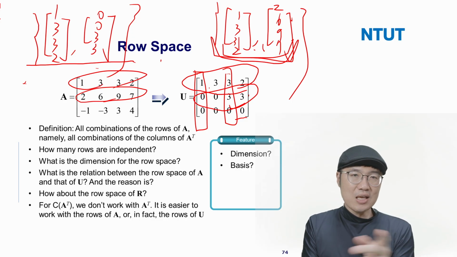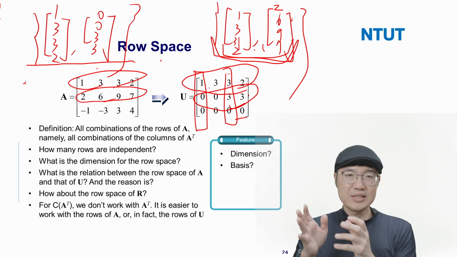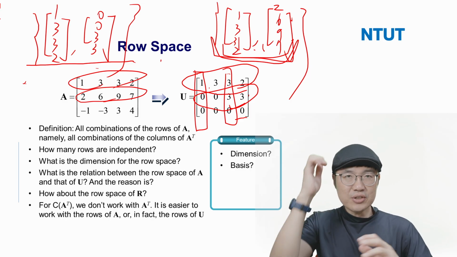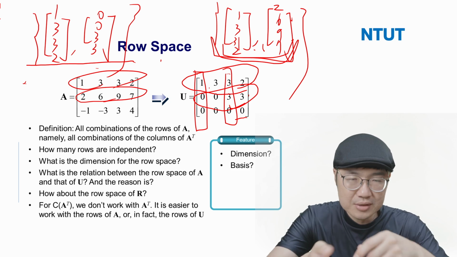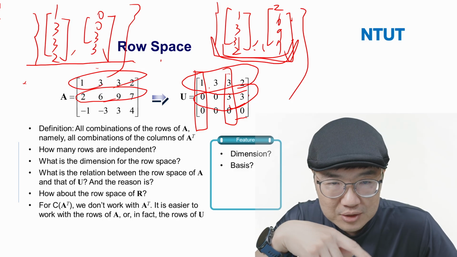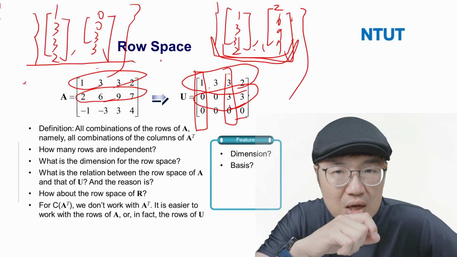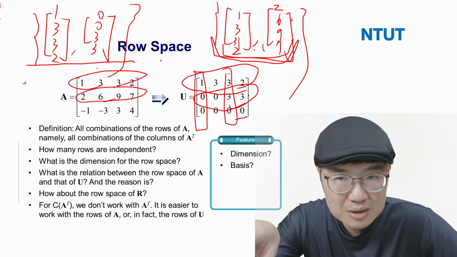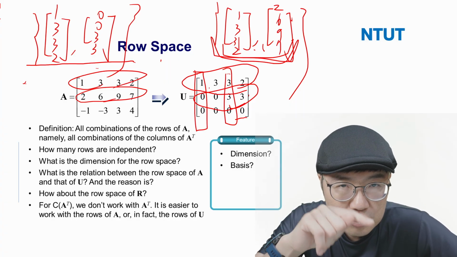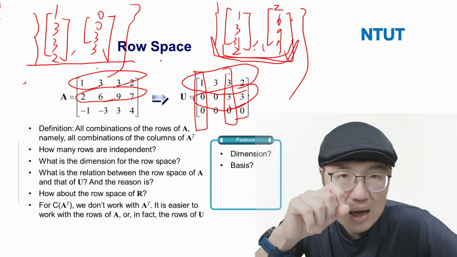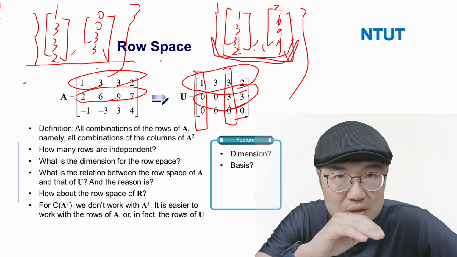So when I make A be U, the information in the rows that tells the independent structure in U would be the same as those independent rows in A, as the only thing that leads A to U is row operation, multiplication and addition.